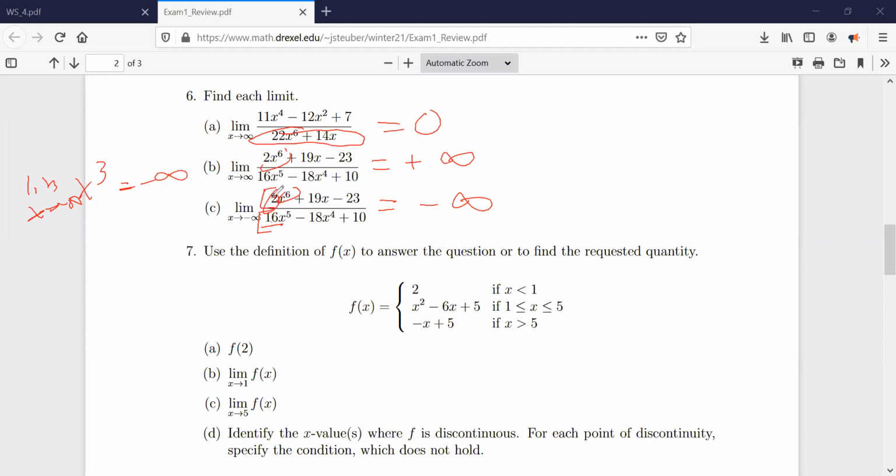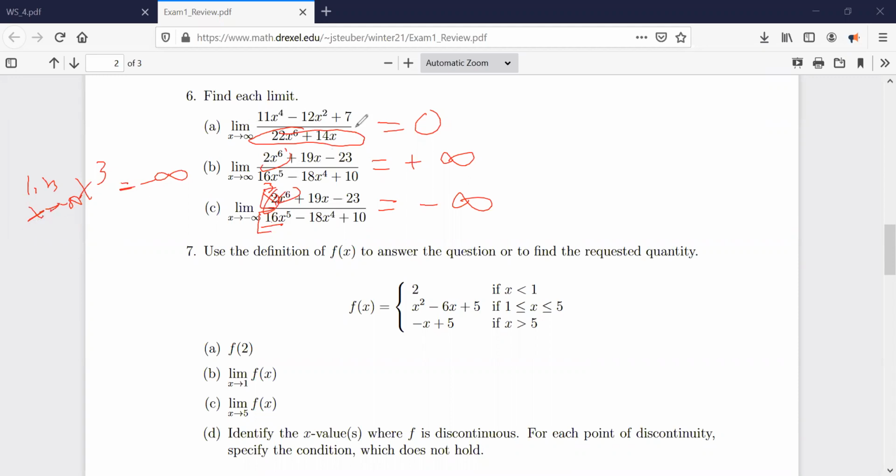So like if this was 3x to the 6 instead, that wouldn't affect it. For the coefficient, I care if it's positive or negative. The reason I care about the exponent being odd or even is because it tells me, as I go off to negative infinity, is this going to be positive or negative? Yeah, well, that makes sense.